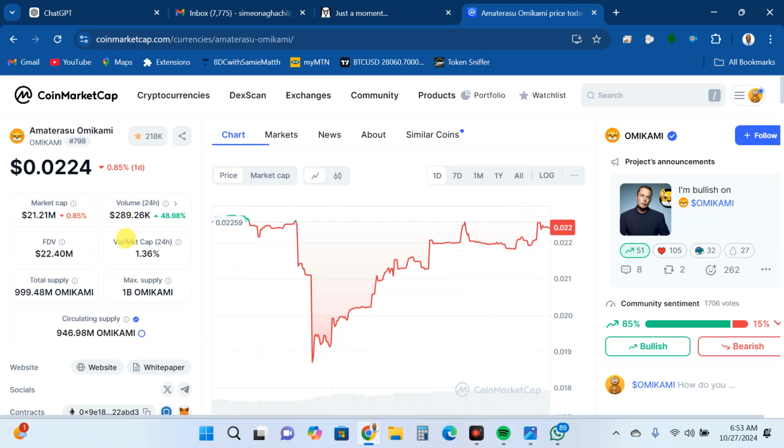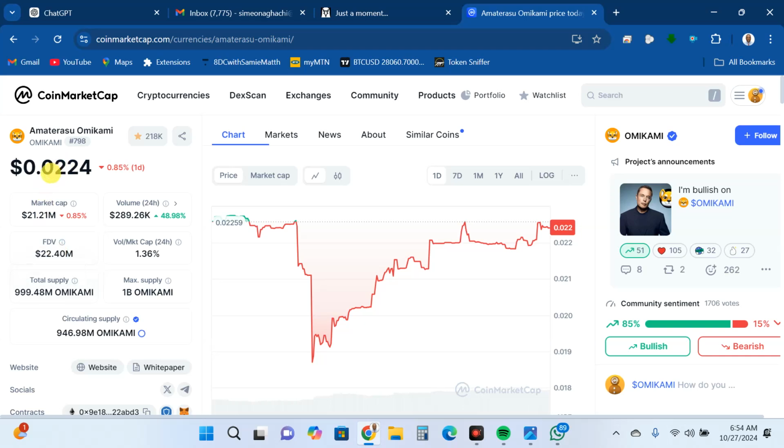If you're looking at the total supply, circulating supply, max supply, to calculate the market cap of this token Omikami, you're going to take the total supply and multiply it by the current market price.